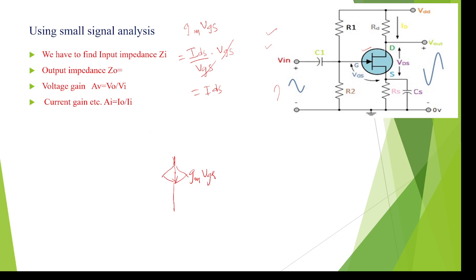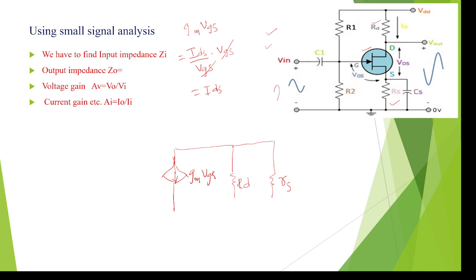Coming to the output resistance in the circuit, RD is the drain resistance at the output side, and RS is the source resistance at the output side. So I will write here RD and RS. Both are in parallel.